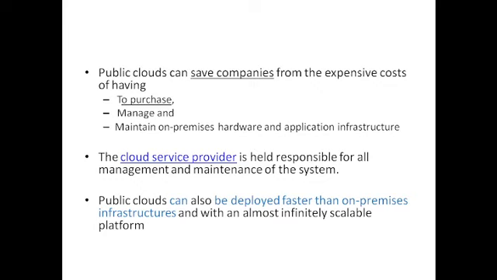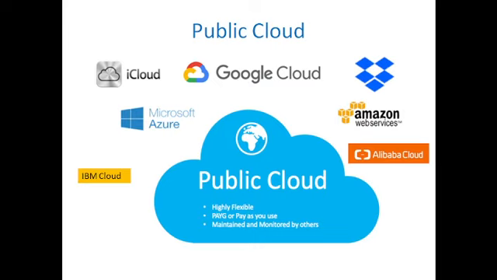So it is easy to maintain: the cloud service provider is totally responsible for the maintenance and management, and it can be deployed faster. These are examples of public cloud: iCloud, Google Cloud, Microsoft Azure, Amazon Web Services, Alibaba Cloud, and IBM Cloud.